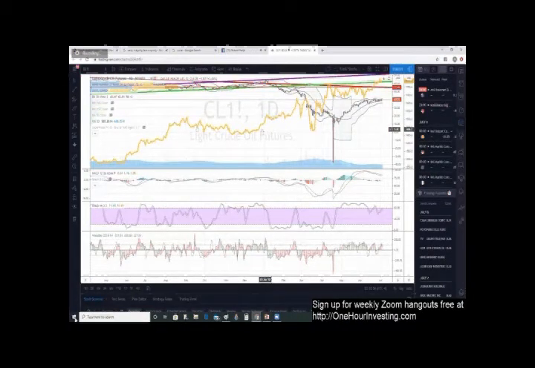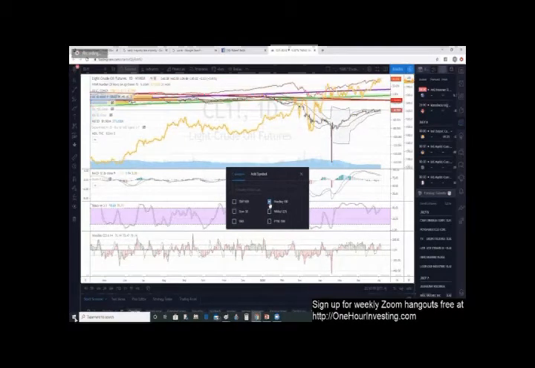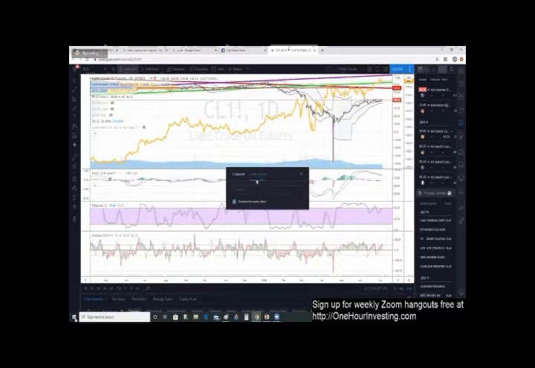Okay, and what I'm also going to do is go up here and click on compare. By the way, I have more than 3 indicators because I have the pro version of TradingView, so I can add more symbols. You can compare the NASDAQ, you can see how the market did in comparison, right? I'm not going to do that. I'm just going to type in a symbol. We have oil, gold.